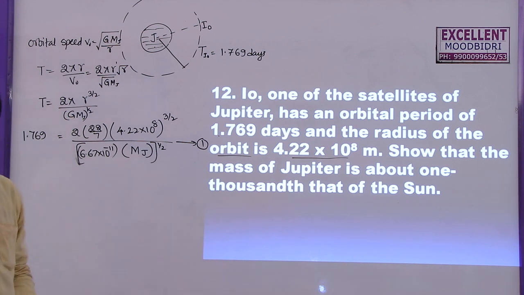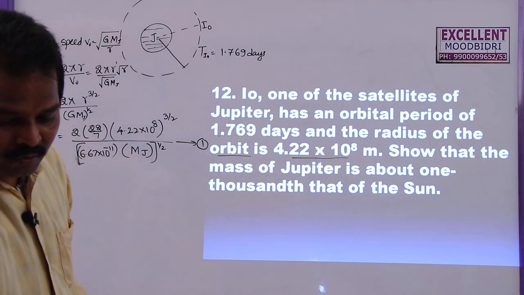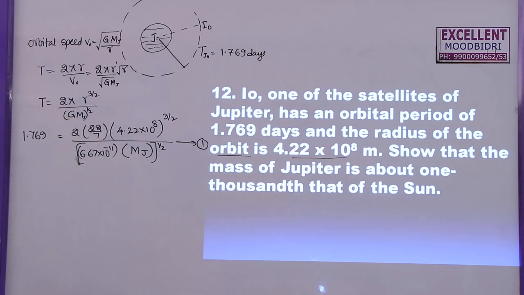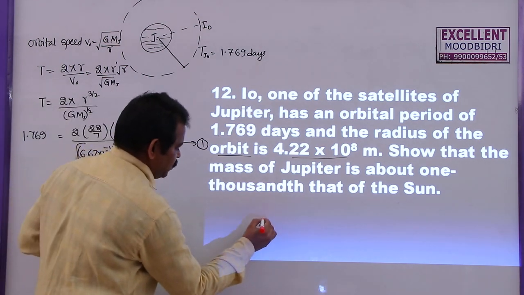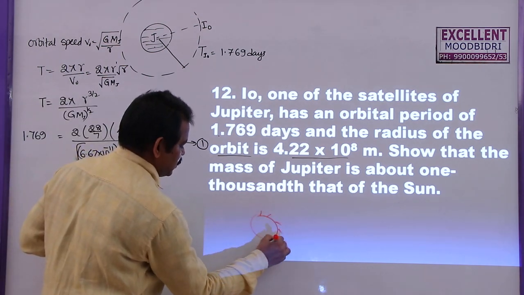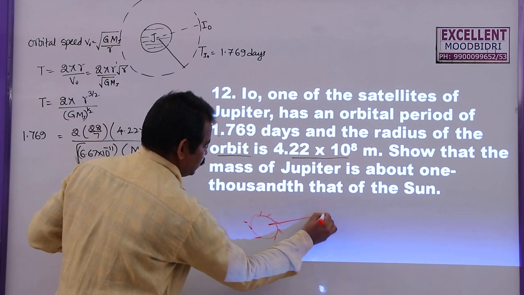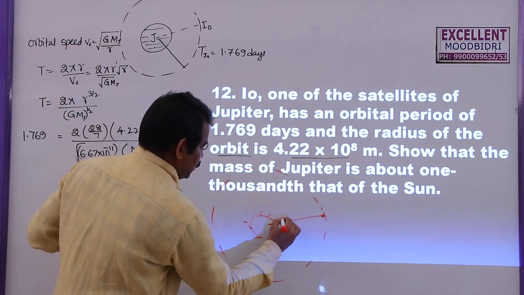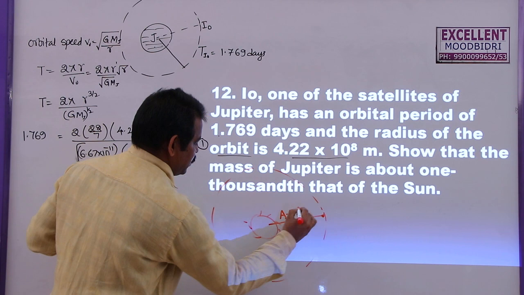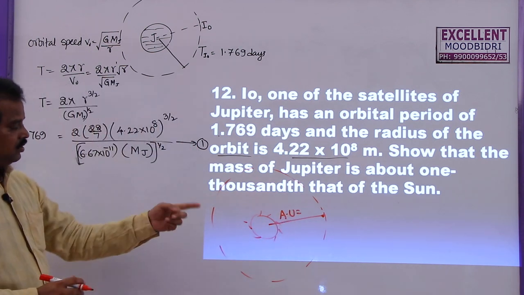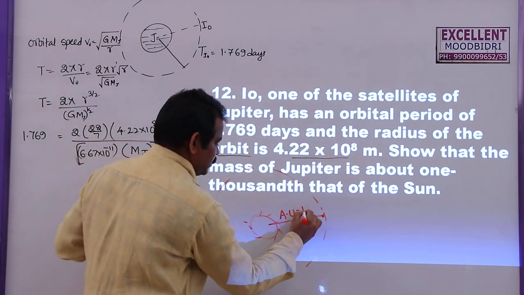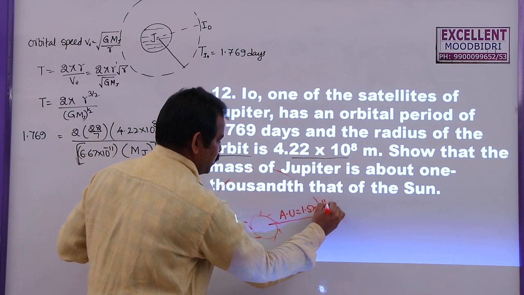In part 2, I am going to take the Earth. If I take the Sun here, this is the Sun, and our Earth is rotating in a circular orbit. The astronomical unit is the distance between Earth and the Sun, which is given as 1.5 × 10^11 meters.